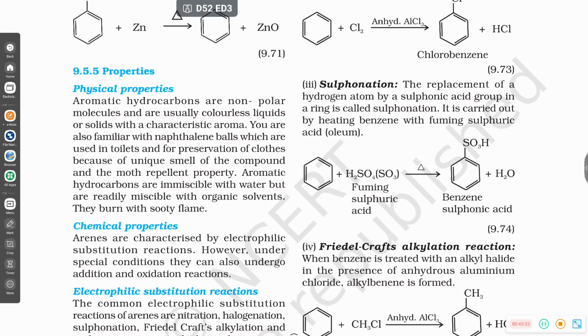Naphthalene means two benzene rings fused. Three fused rings is anthracene. Naphthalene balls are used in toilets and for preservation of cloth because of the unique smell of the compound and its repellent property. Aromatic hydrocarbons are nowadays also kept in your surroundings for that smell.